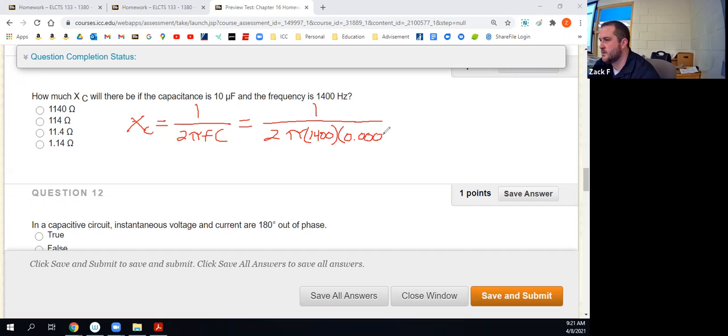0.000... zero one, right? If you want to do it in scientific notation, it's totally fine.